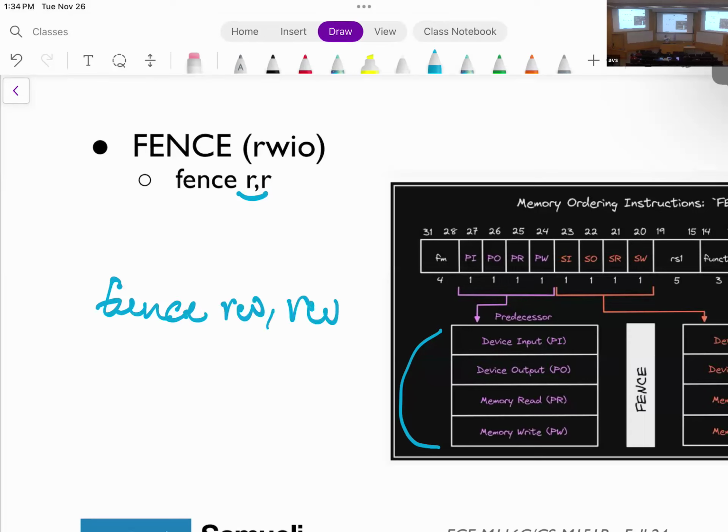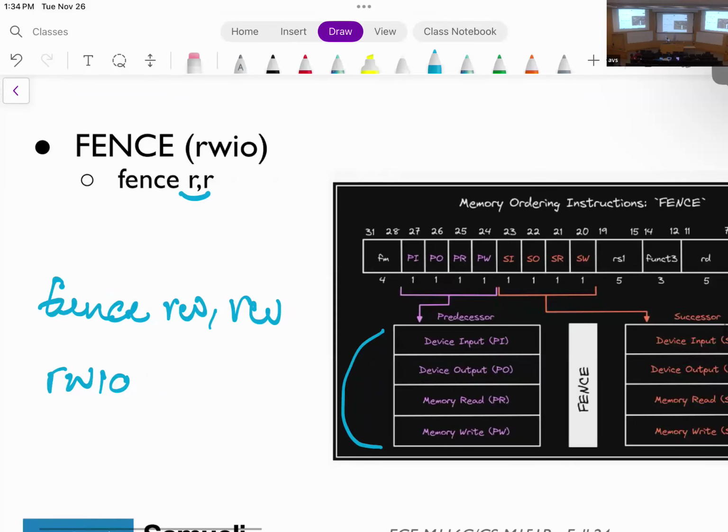This means that all the reads and writes, all the loads and stores, should be finished so that I can issue new loads and stores. You can have RWIO. This means that not only reads and writes to the memory, but also reads and writes to the I/O are happening. The main thing that you need to know is mainly RW. Don't worry about the inputs just yet because we haven't talked much about I/Os.